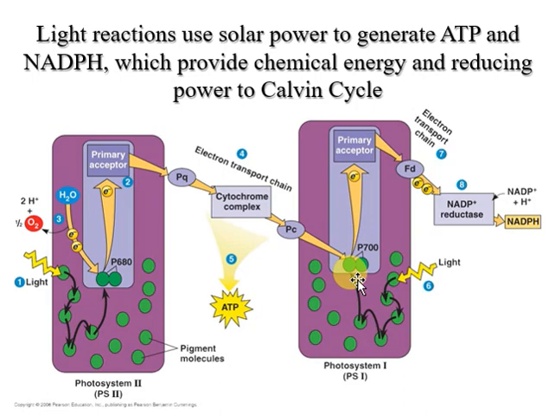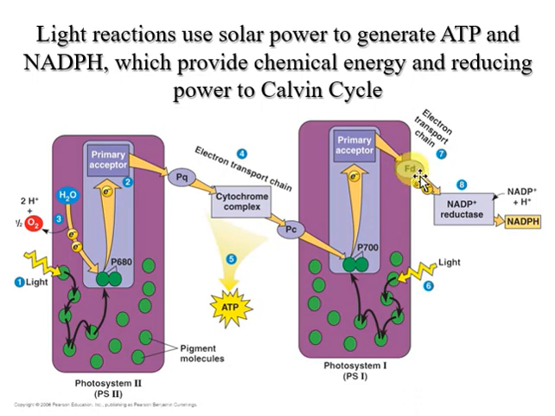Now, once those high energy electrons are delivered to the primary acceptor, they will be passed in a series of redox reactions from the primary electron acceptor of photosystem 1 down a second electron transport chain that moves through this protein here, FD, which is known as ferredoxin.